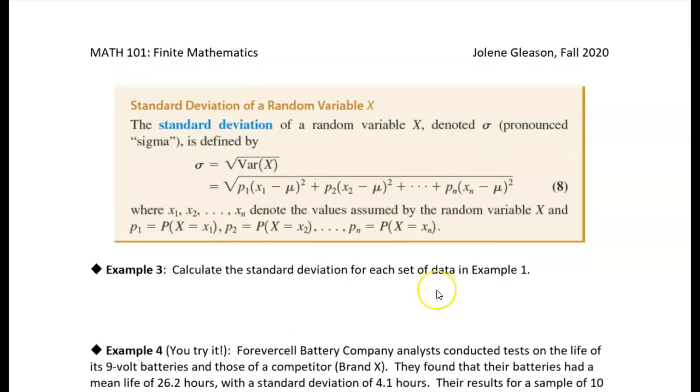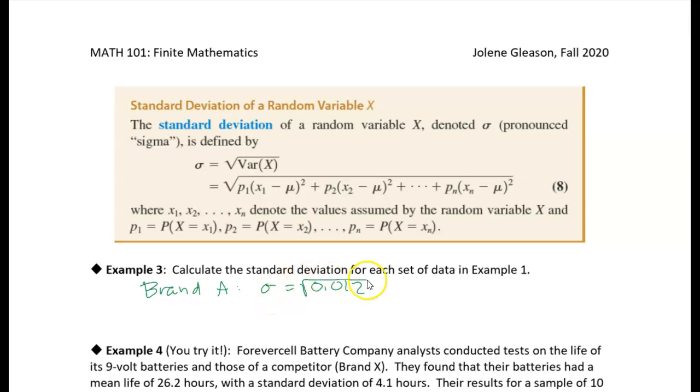So let's take a look at example 3. We already know that for brand A, our variance was 0.012. That's the variance that we got. To compute the standard deviation, we use a Greek letter, sigma, but a lowercase sigma.